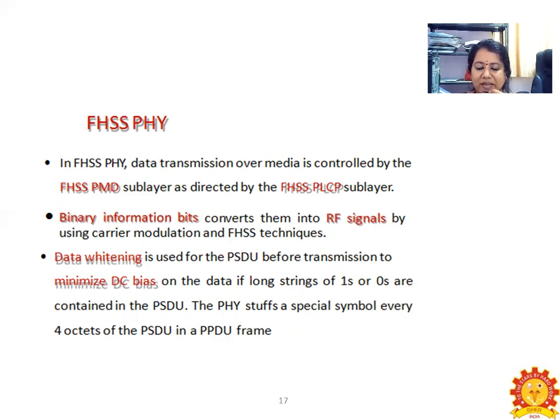Next is the data whitening, which is used for the PSDU before transmission to minimize the DC bias on the data. If long strings of ones or zeros are contained in the PSDU, the PHY stuffs a special symbol every 4 octets of the PSDU in a PPDU frame.